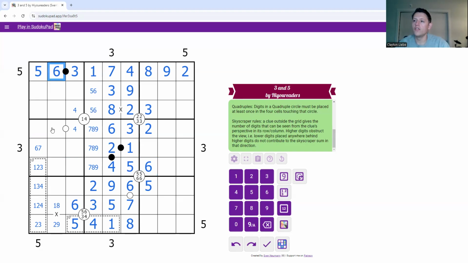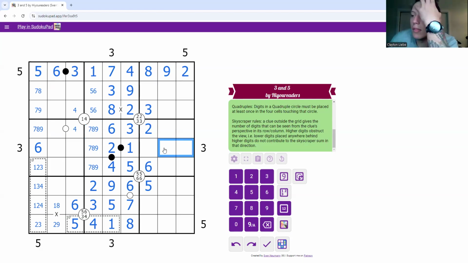We have 4 6s looking at it, so that's a 6. So could this be a 7 still? I don't know. I have to think about that. What I do know is these 3 digits are now from 7, 8, 9, and Sudoku says that's not a 9, that's not an 8.